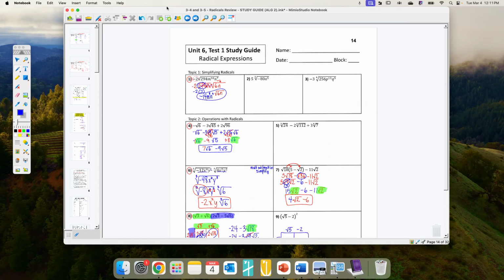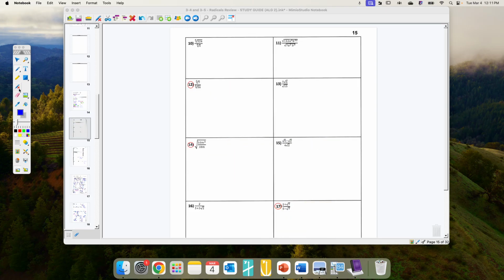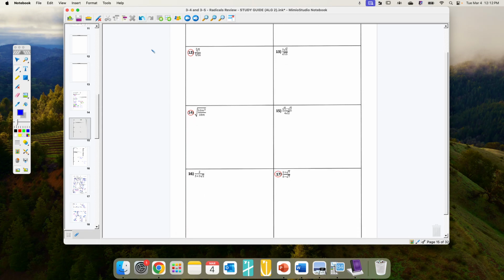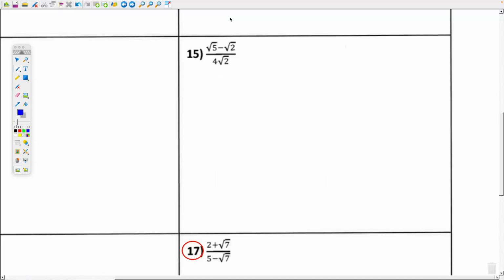I know, it's a lot. Well, I'm trying my best to help you out here. On this page, I have a few selected that I'm desperate to go over with you because I just have a feeling you may have forgotten how to do them with the fractions and the radical.